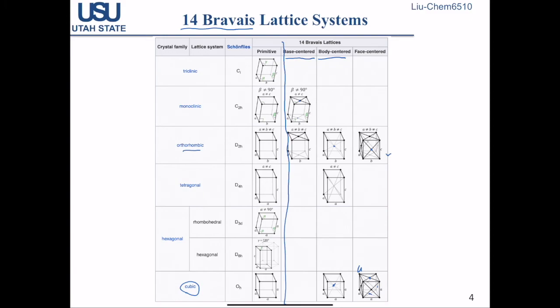And also by adding additional lattice points, we can have 7 primitive lattice structures, and by adding lattice points to the face and body, we can have 7 other extended lattice structures in different classes, okay? In total we have 14, okay?